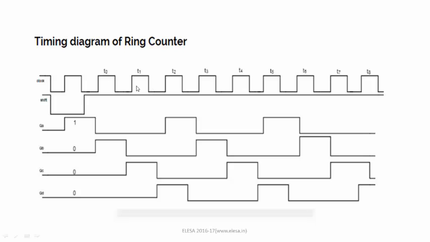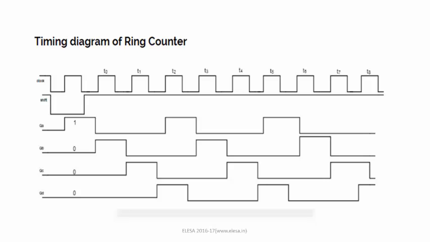In the timing diagram of the ring counter, we see that at the rising edge of the clock there is a change, so it will make changes in the shift register outputs, that is QA, QB, QC and QD.